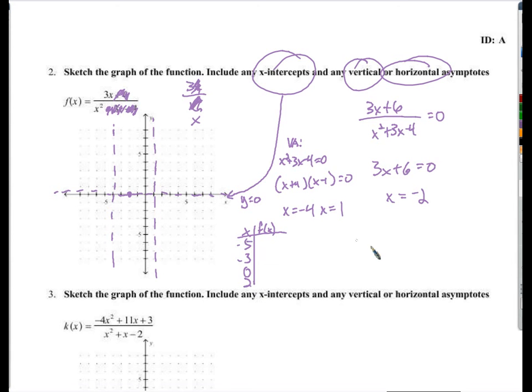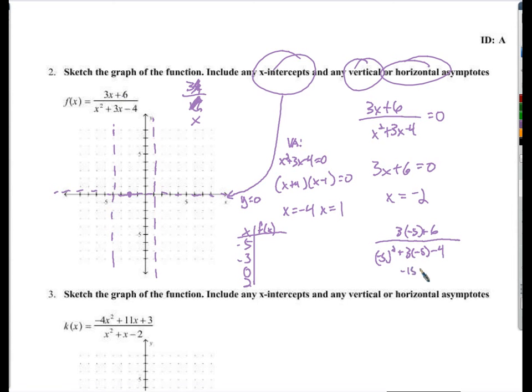Alright. So I'll do -5 for you, and then I'll pause it and just find all those values and not make you watch. So 3 times -5 plus 6 over -5 squared plus 3 times -5 minus 4.